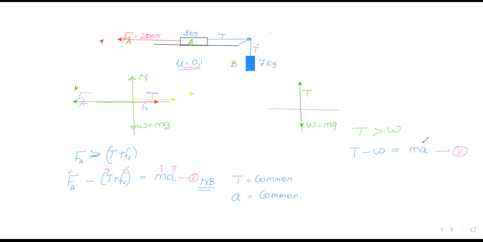The weight, you have the mass, you can get. So that's why I say you have tension and acceleration as unknowns. So you can solve this simultaneously because you have 2 equations, equation 1 here and equation 2 there.